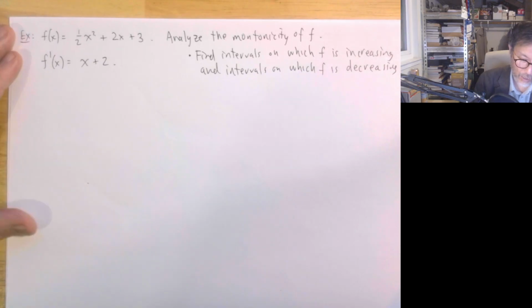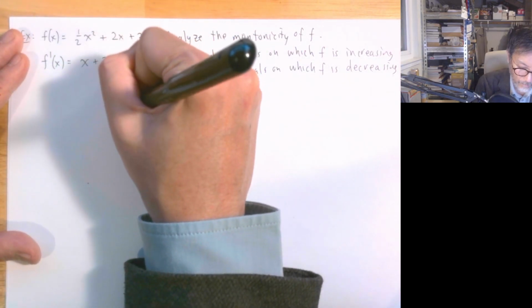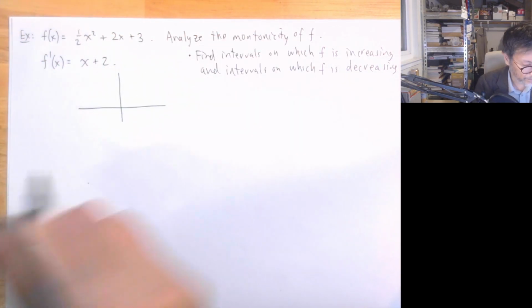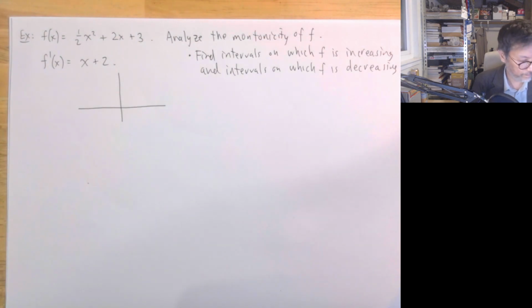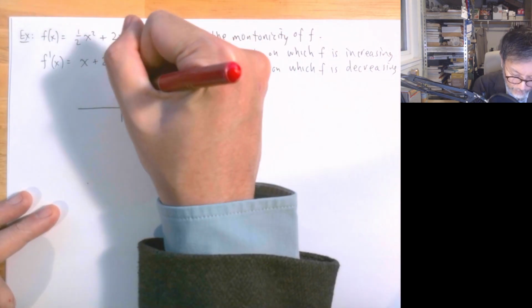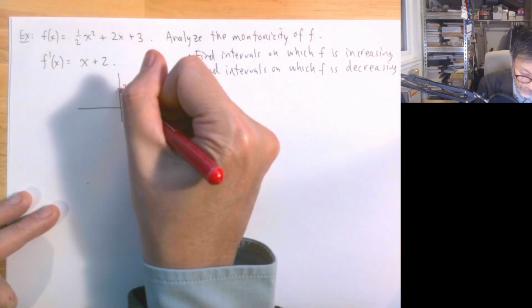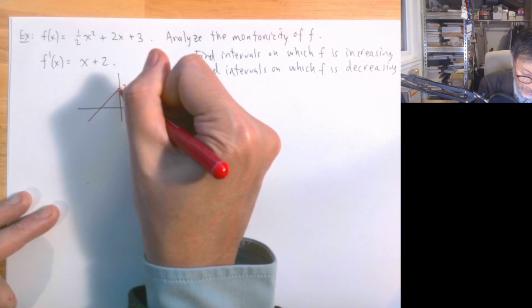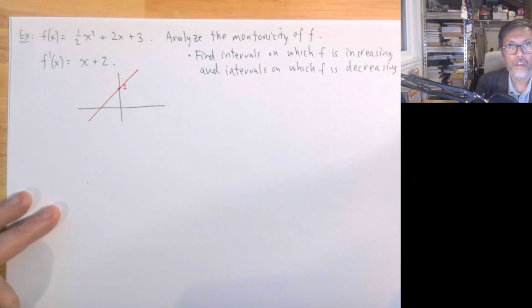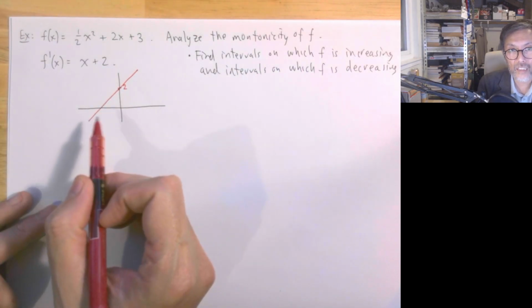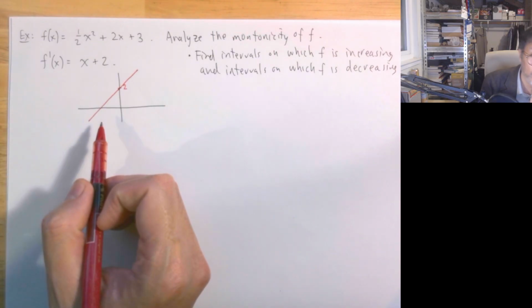What does x plus 2 look like? It looks like a line of slope 1 with y-intercept 2. Slope 1 comes down like this, goes up like that. You might ask yourself, what's the x-intercept of this line?